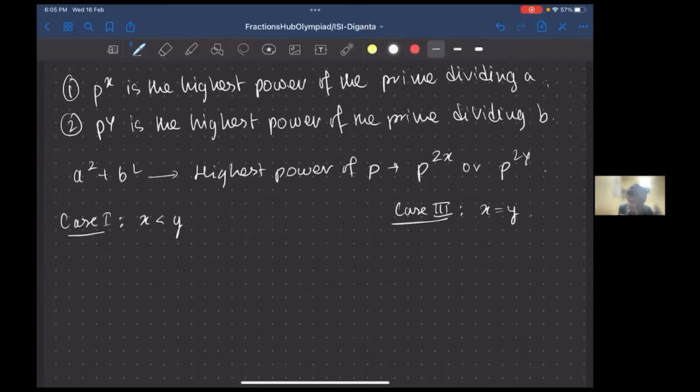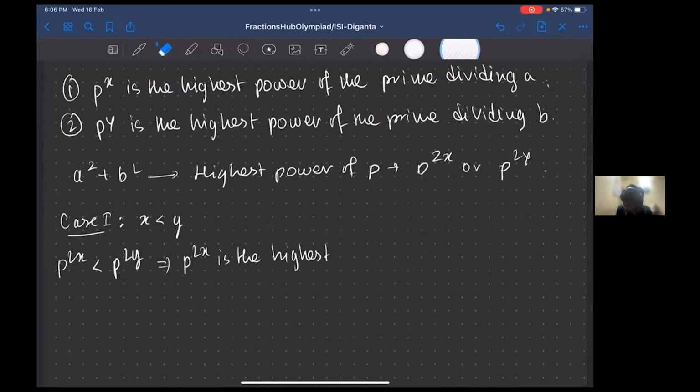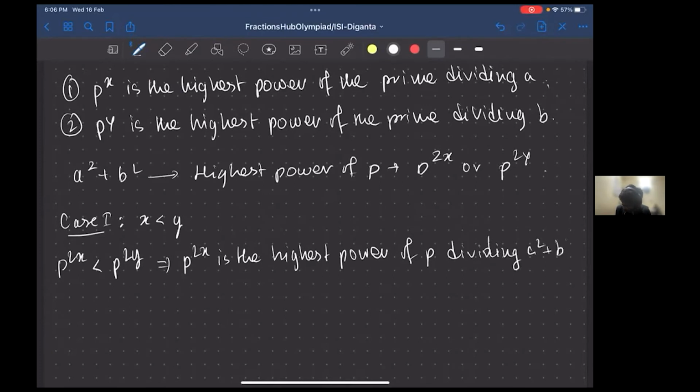So in this case, where x is less than y, p power 2x is less than p power 2y, implying p power 2x is the highest power of p dividing a square plus b square.